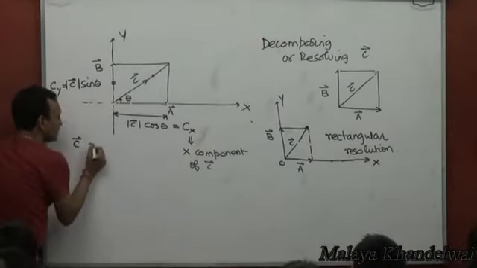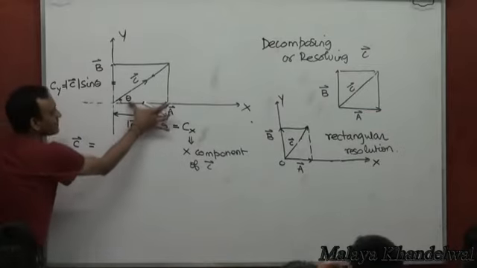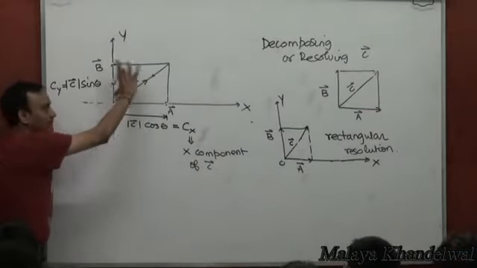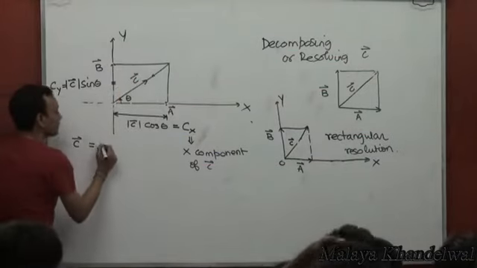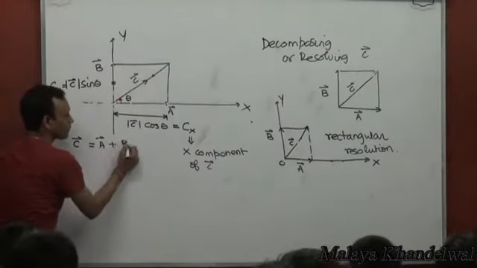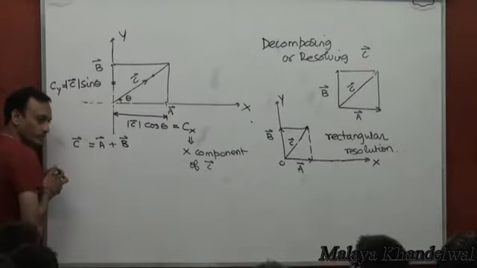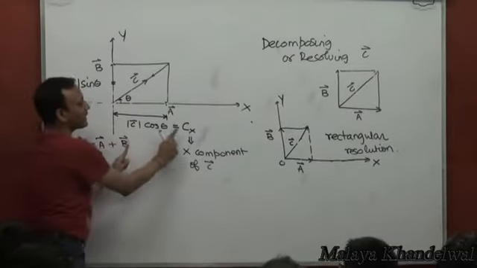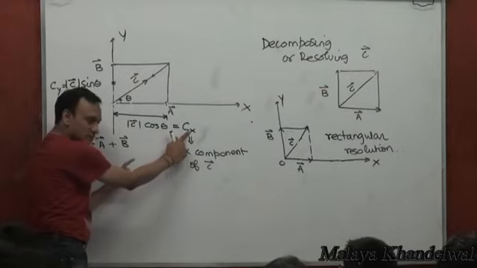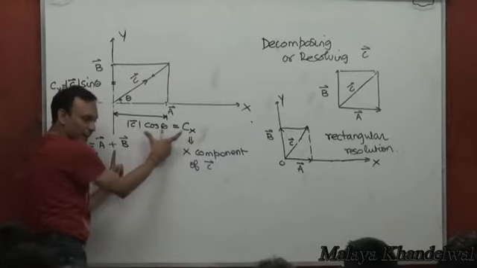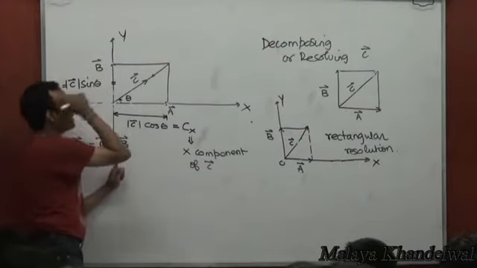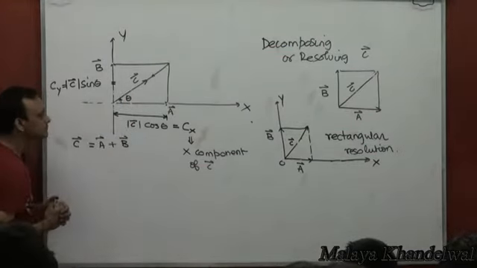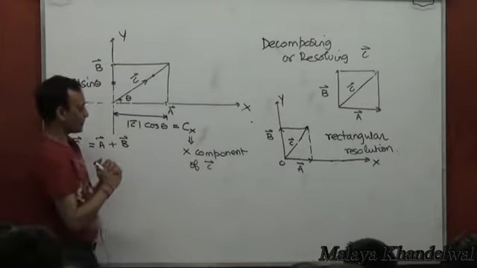The vector C is the vector A plus the vector B. Yes or no? But the vector A has magnitude Cx, and the vector B has magnitude Cy. Can I not say the following?